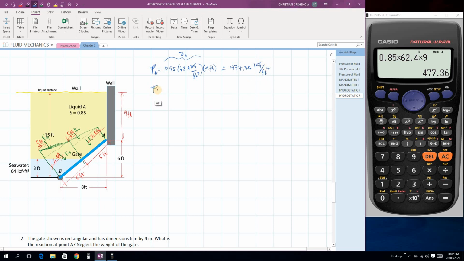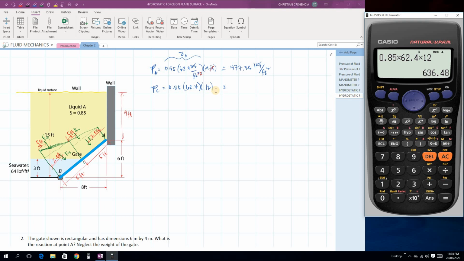Okay, then yung pressure sa point C. Okay. So same lang 0.85. Makakancel naman dito yung magiging square lang to, no? Yung isang feet makakancel. So hindi ko na isulit yung unit, 62.4. Then yung depth natin ngayon dito is 9 plus 3 is 12. Okay, so depth lang yung mababago.